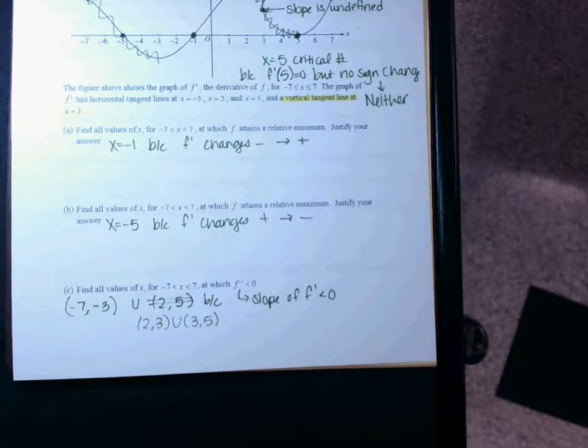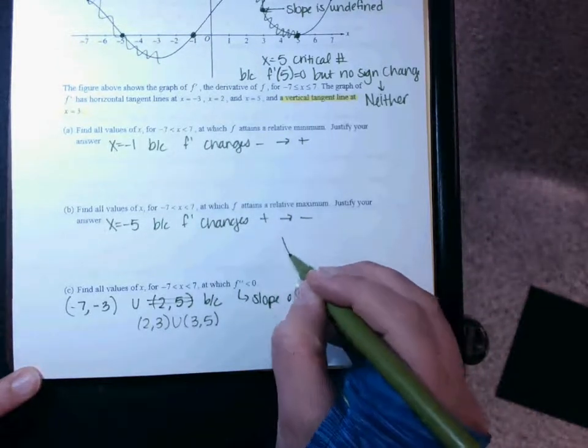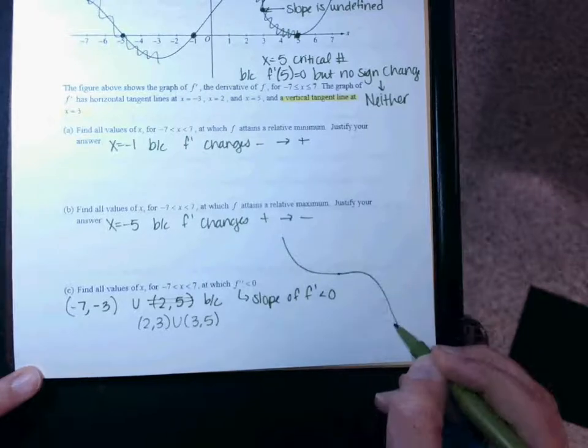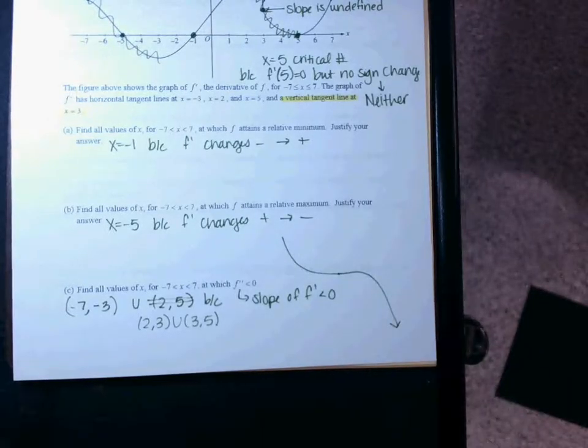If it was a flat spot, it wouldn't matter. If it went down, then flat, and then kept going down, that's fine to include all together. But if it has a point where it's undefined, you have to break up around that.